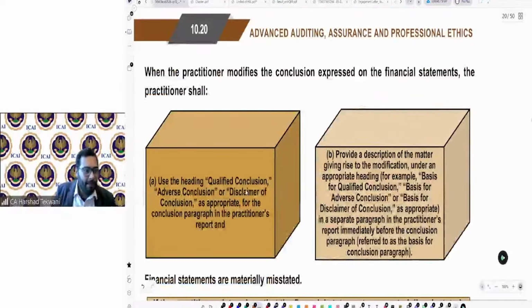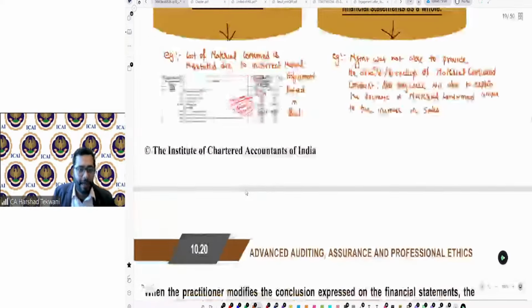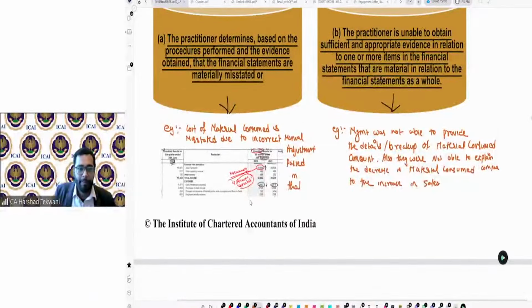If that is the case, when I'm able to obtain the evidence about the material misstatement, or when I'm not able to obtain sufficient and appropriate evidence, not audit evidence, but evidence for review purpose. Okay.